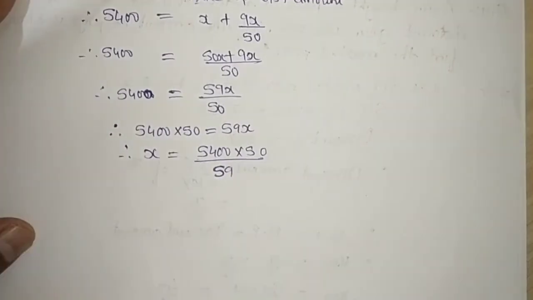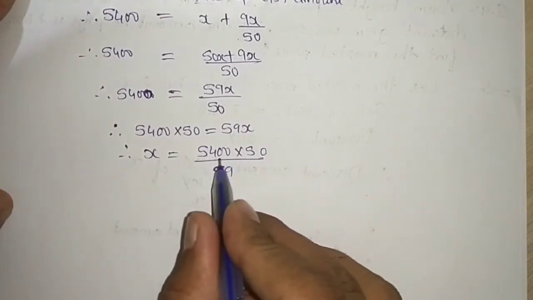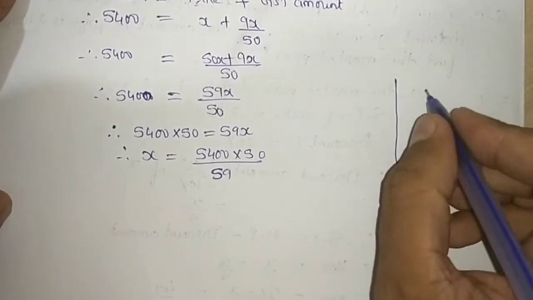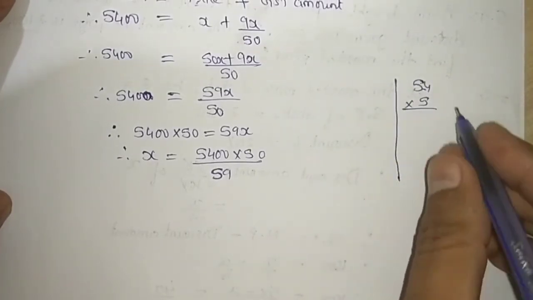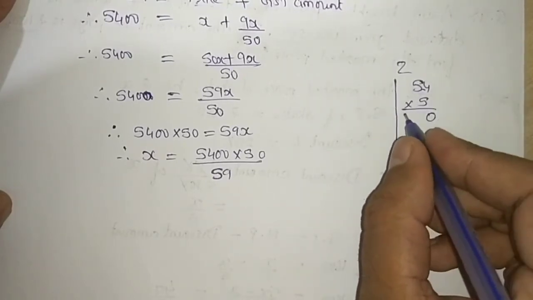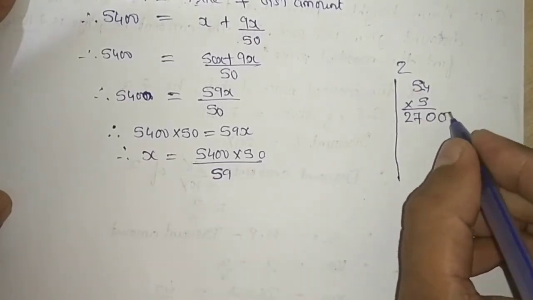Now first let me multiply 5400 into 50. I will do it here in rough. 54 into 5 only I will do. 5 4s are 20, 2 carry, 5 5s are 25, plus 2 is 27, and the remaining 3 zeros.